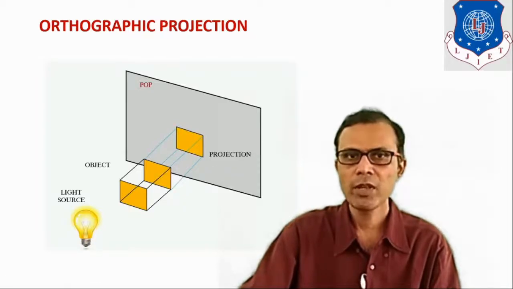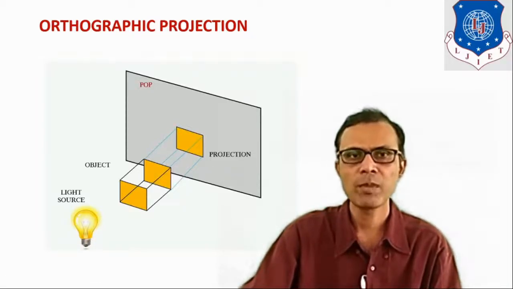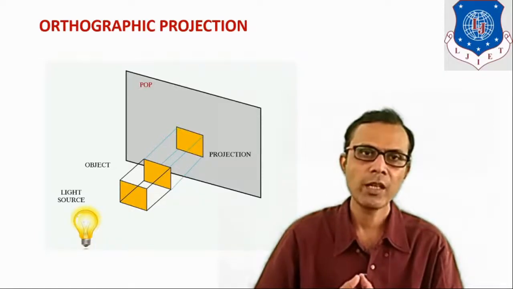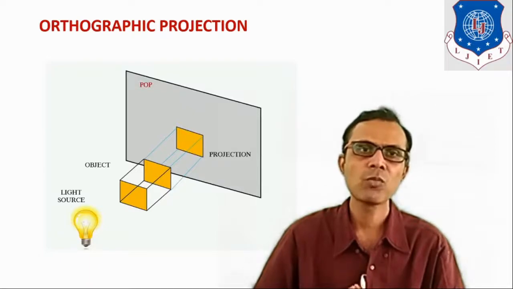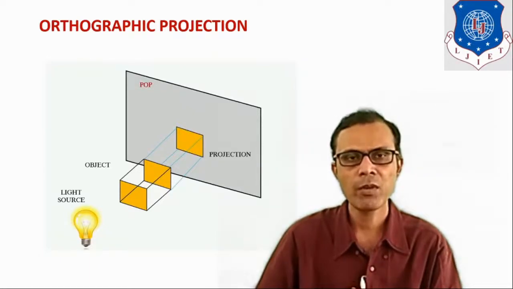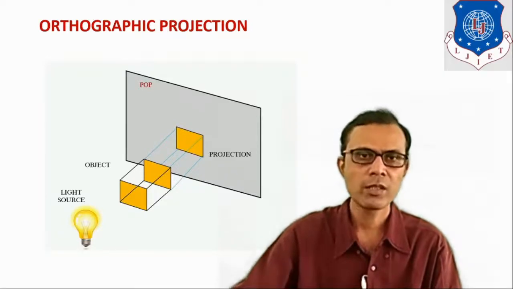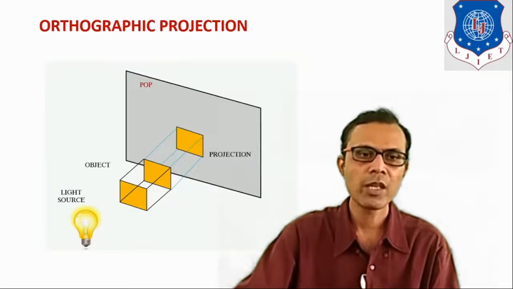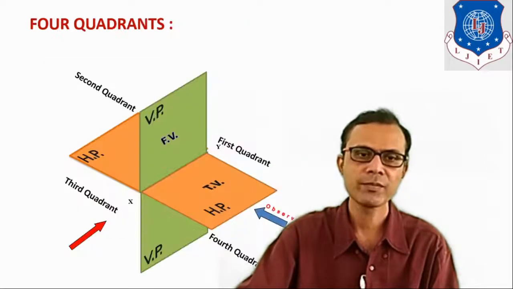So it is one important condition for orthographic projection. All the projectors should be parallel to each other and perpendicular to the plane of projection. As all the projectors are perpendicular to the plane of projection, that's why it is known as orthographic projection.